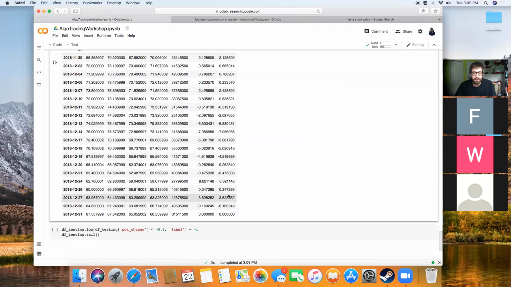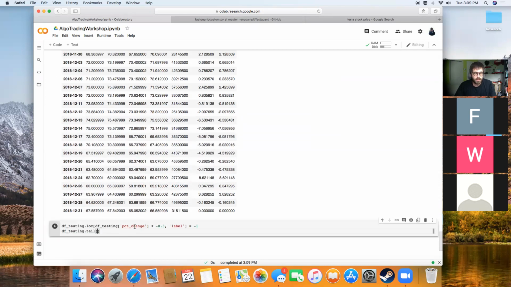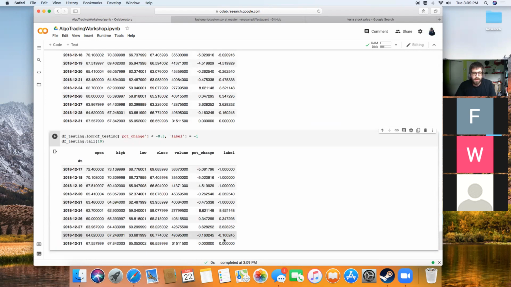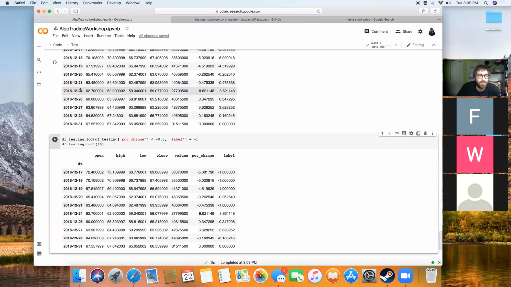Okay, so this will tell us more. So this is negative 0.47, so this should turn to -1, for example. Okay, so everything stayed the same except the ones that are under -0.3. So this one, for example, on the 2112, it was -0.47, and now it's -1.